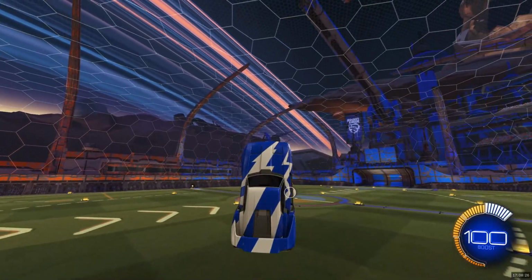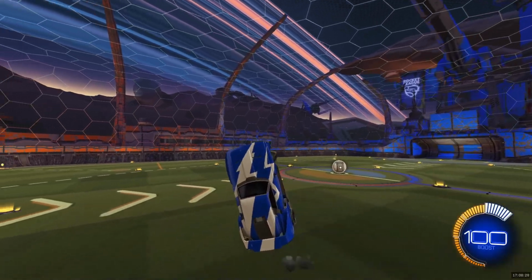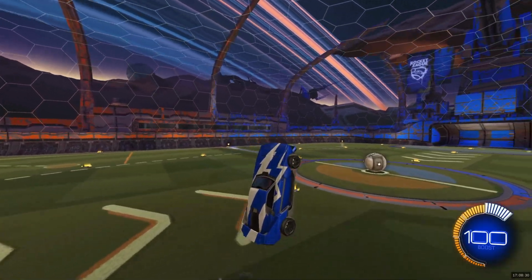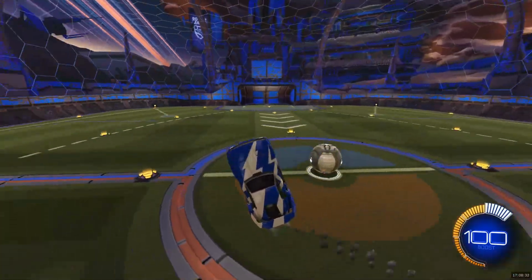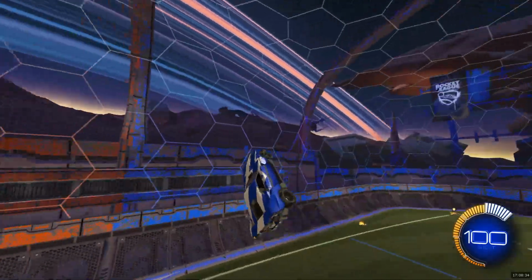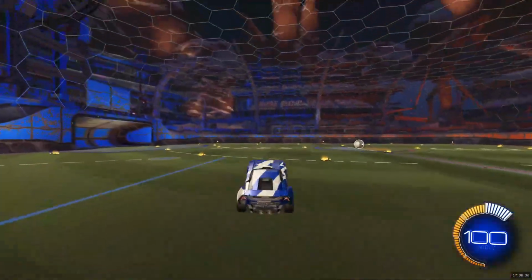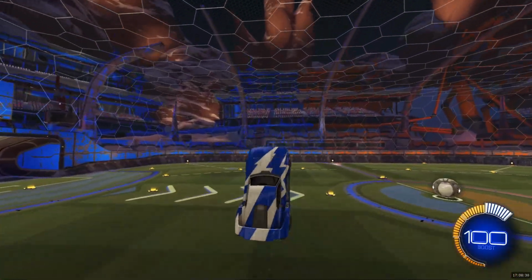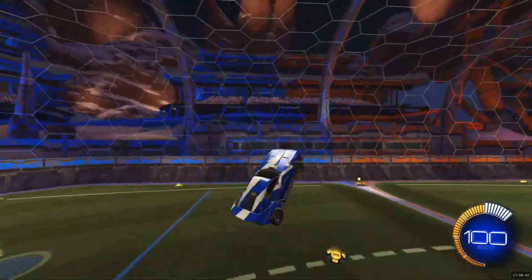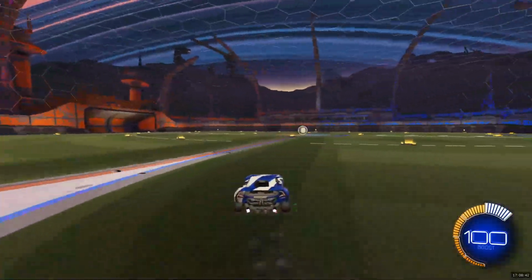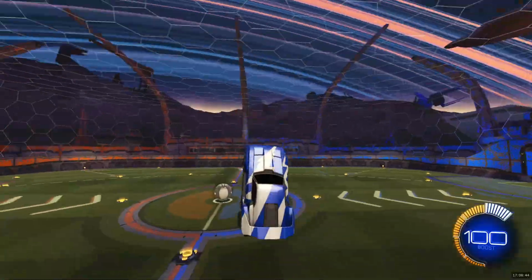And in general, with air dribbles, you don't want to have your car sideways. You want to keep it straight. Because if you have your car sideways, the ball's going to roll off, or you're going to fly away from the ball. If you use tornado spins to make adjustments, you're always going to be flying into the ball and have the ball balance nicely on top of your nose.